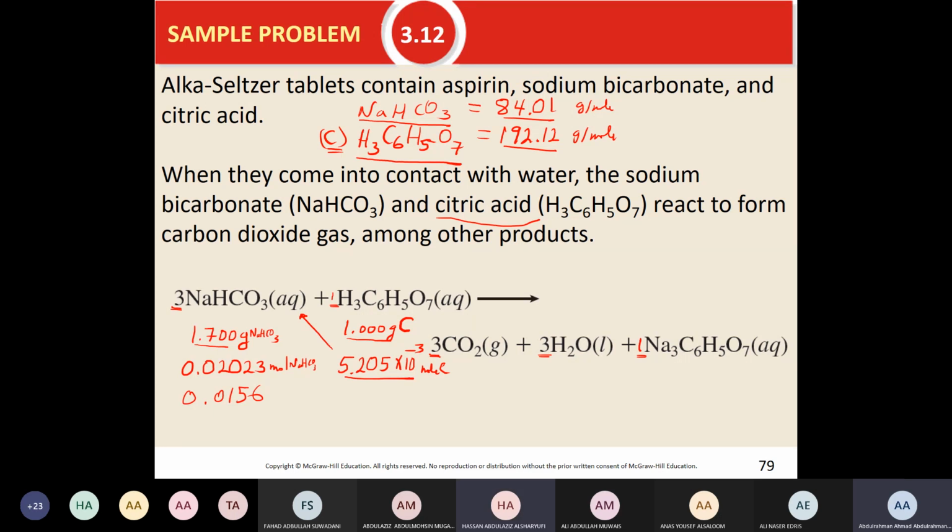Yes. Mole needed. This means 5.205 times 10 to the power minus 3 of citric acid needs 0.0156 mole of NaHCO3. How much will be excess?